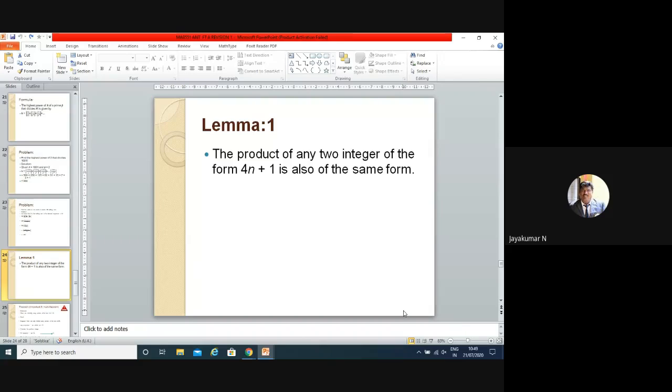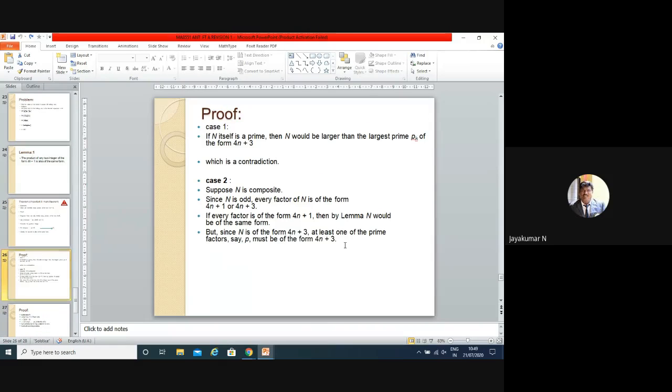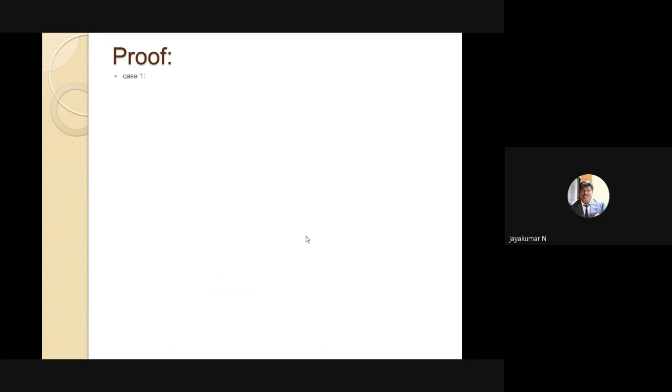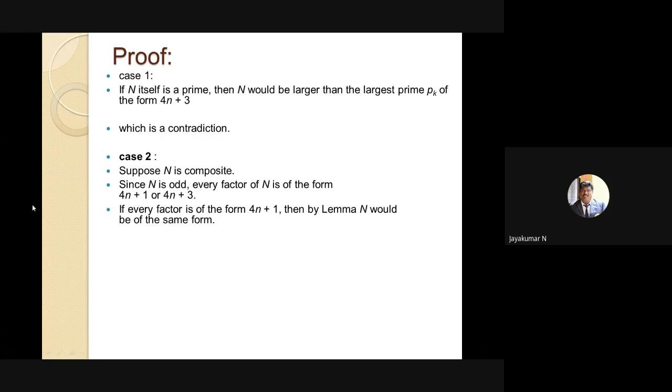This is that lemma: the product of any two integers of the form 4n plus 1 is also of the same form. Easily you can prove that. So if every factor of n is of the form 4n plus 1, then by the lemma n would be the same form.